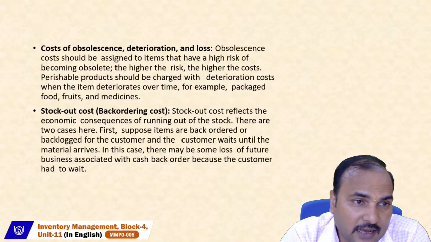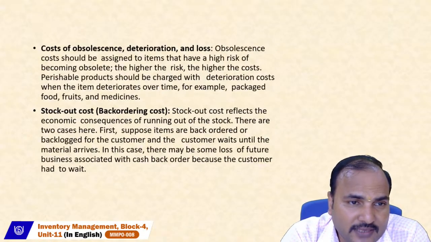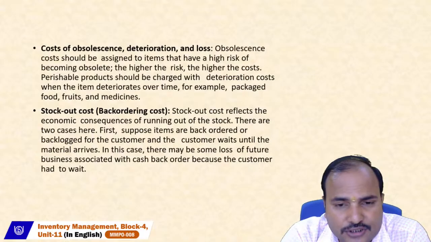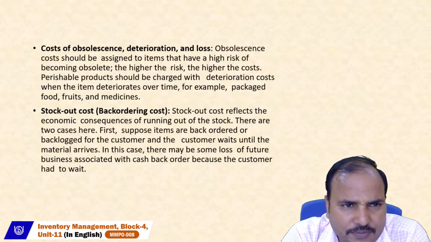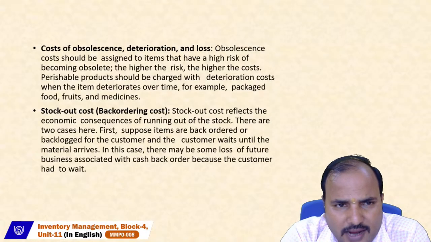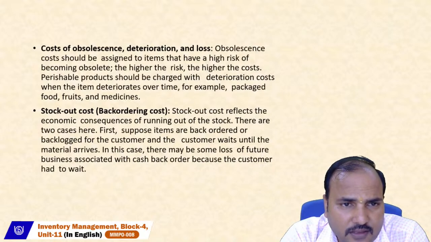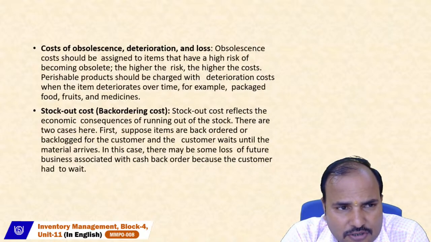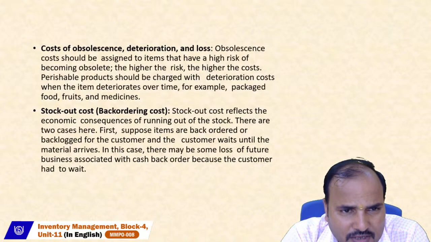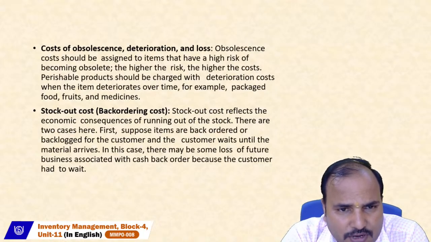And then another is the cost of obsolescence, deterioration, and loss. The obsolescence cost should be assigned to items that have a high risk of becoming obsolete. The higher the risk, the higher the cost. And perishable products should be charged with the deterioration cost when the item deteriorates over time.